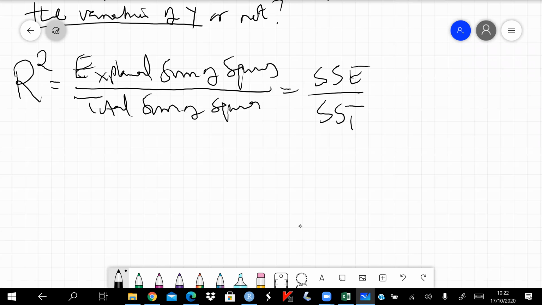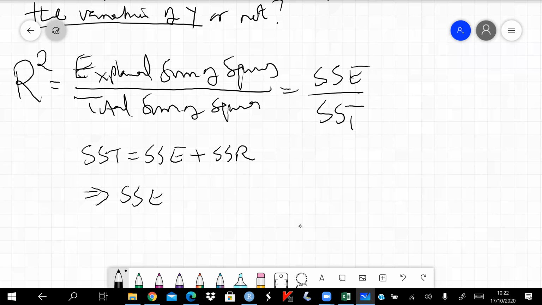Because we know that SST is equal to SSE plus SSR, this means that SSE is the same as SST minus SSR, the residual sum of squares. So we can replace the numerator with this term.